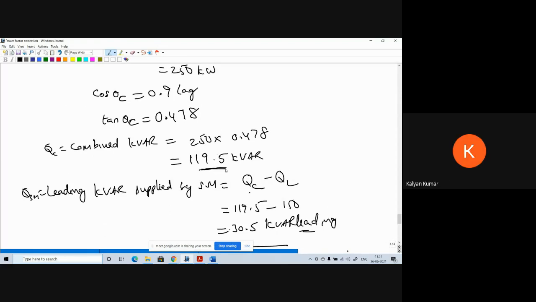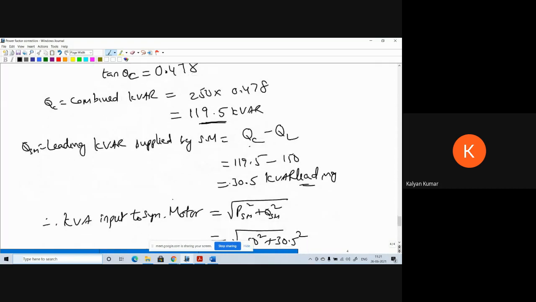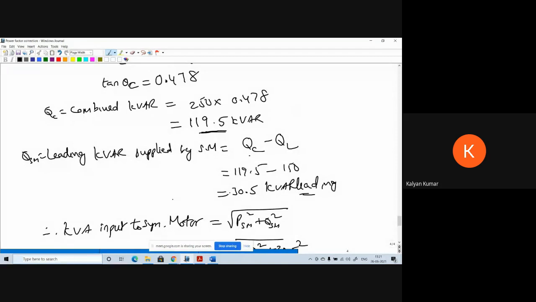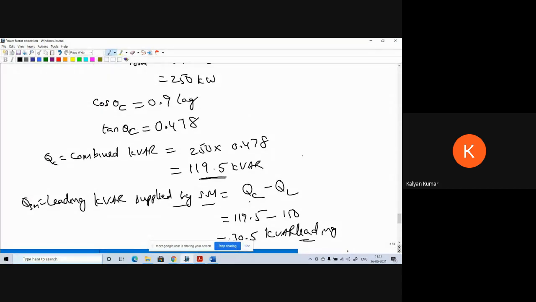Up to 119.5 you know this is the combined kVAR. Now from this I can calculate the leading kVAR supplied by the synchronous motor. Load plus synchronous motor together give the combined. If the load has QL and the combined has QC, then QSM is equal to QC minus QL.